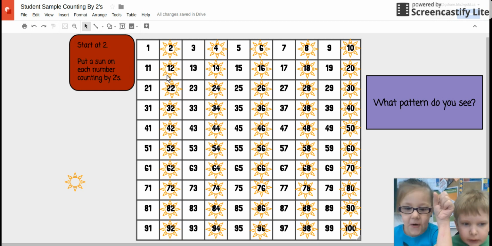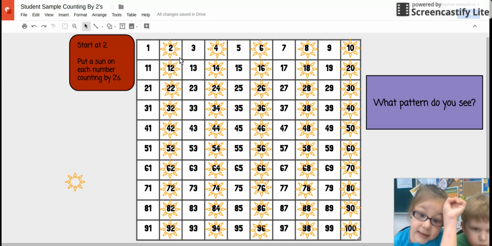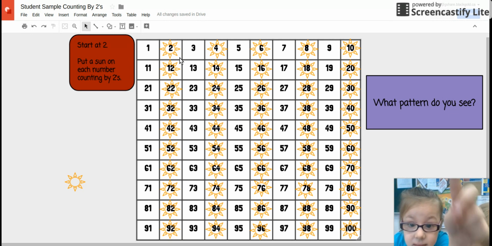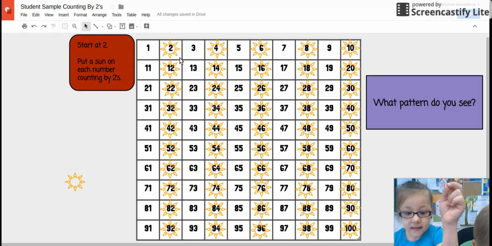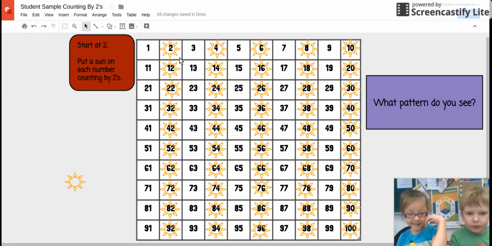Okay. Do you notice a pattern about this then? Yeah. What do you see? All of the numbers have their own kind of way. Okay. What do you want to tell me about the patterns, Liam?